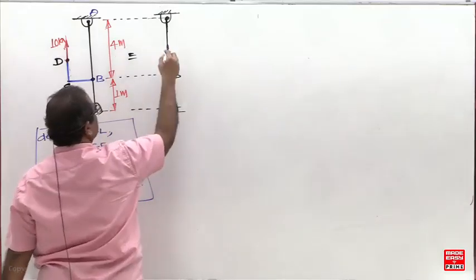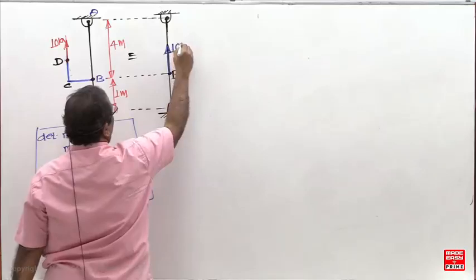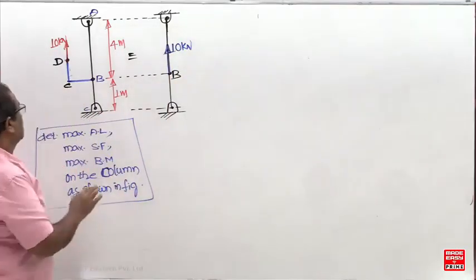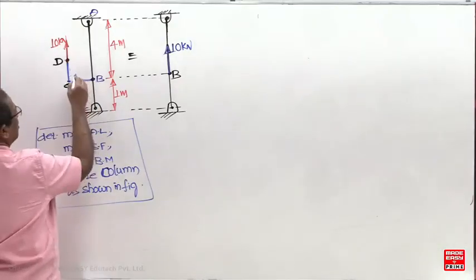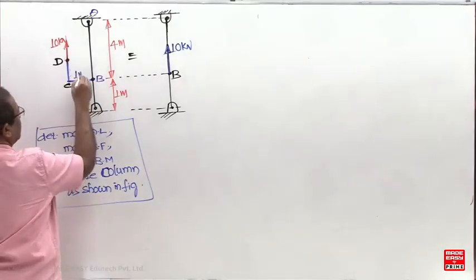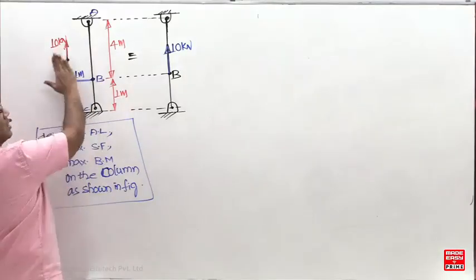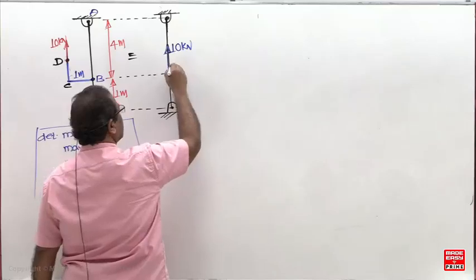Any doubt? You can use the 2 dummy forces. Next, the couple. This eccentricity is required. This is 1 meter. So this couple, clockwise, is 10 kilonewton meters.